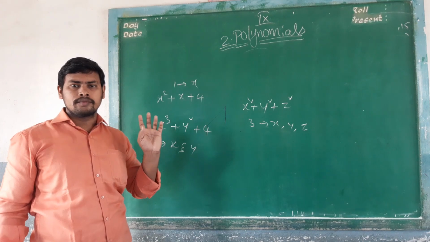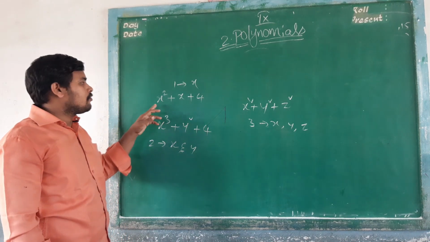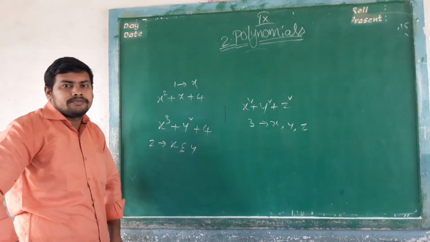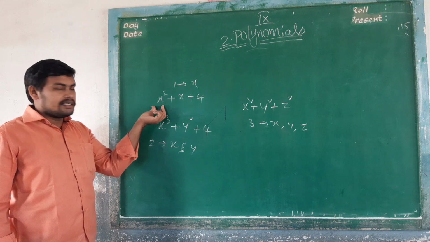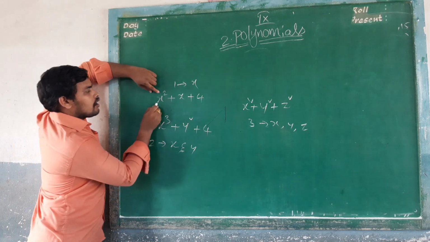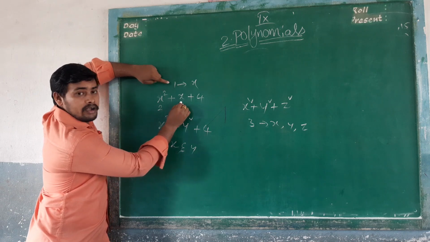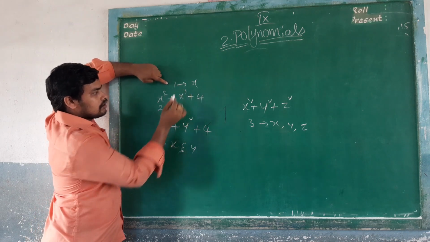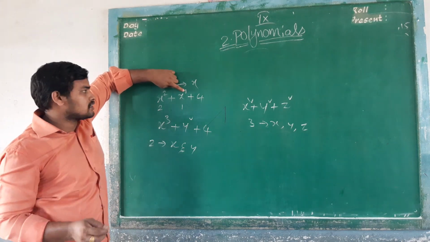Move on to the degree of the polynomial. We already know what degree means. Suppose, what is the degree of this expression? Degree is the exponent of each term. The exponent of this term is 2. What about this term? It is 1; if there is nothing written, you have to place 1.